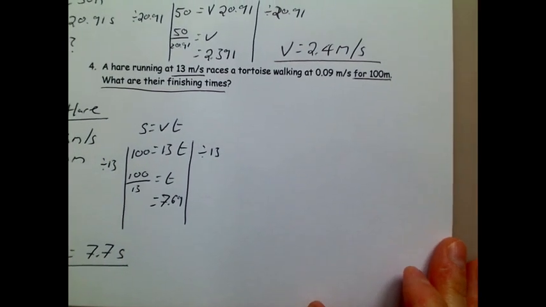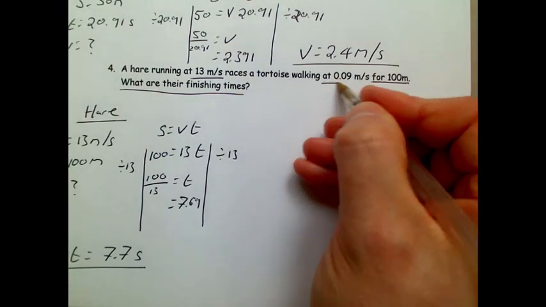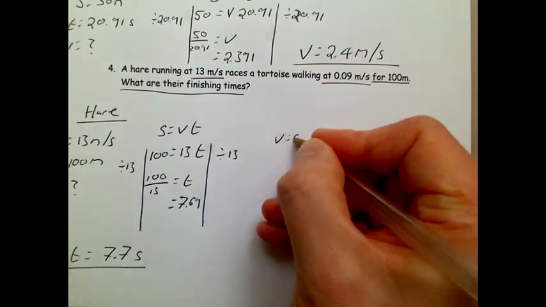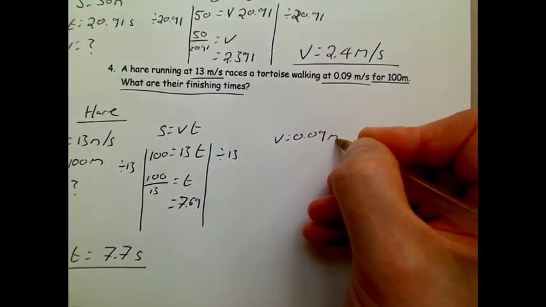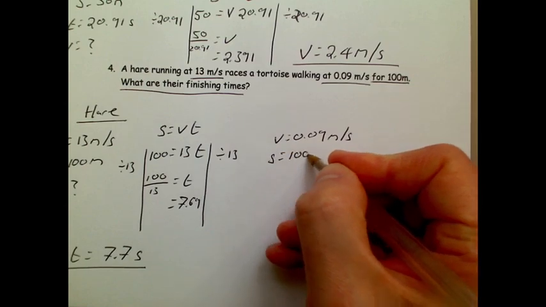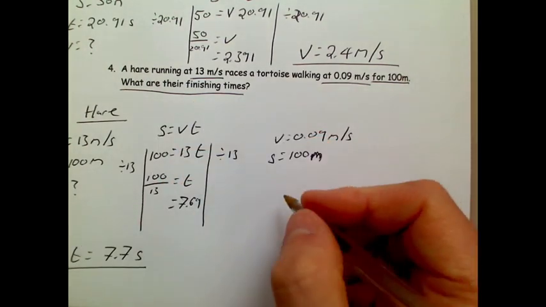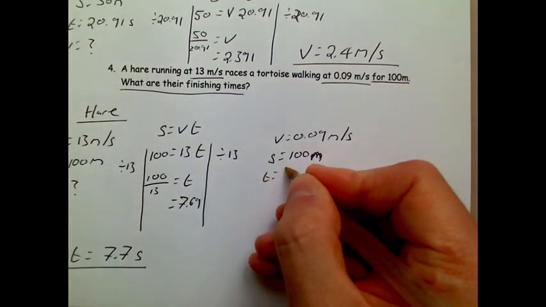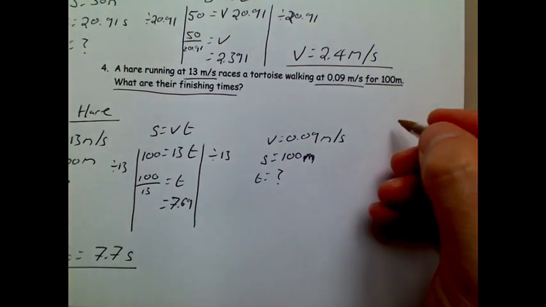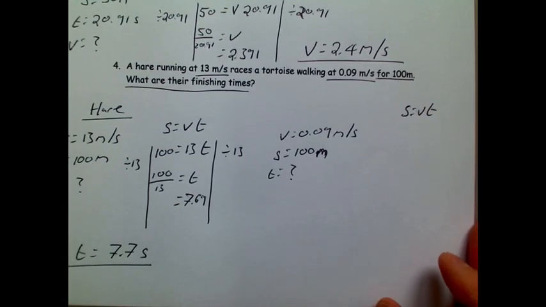And then for the tortoise, we'll do the same. So this time, the speed is 0.09 meters per second. The distance is the same, it's still 100 meters. And I'm still being asked to work out the finishing time. So I'll still need to work out T. S equals VT is my equation still.